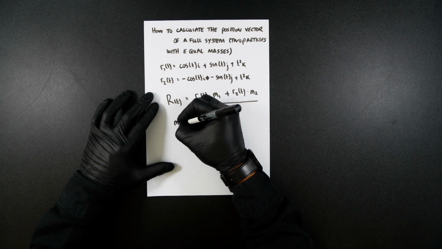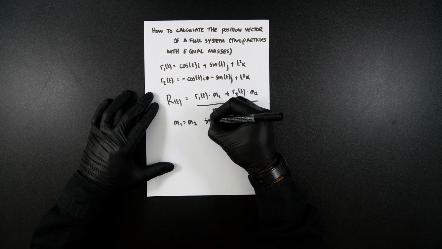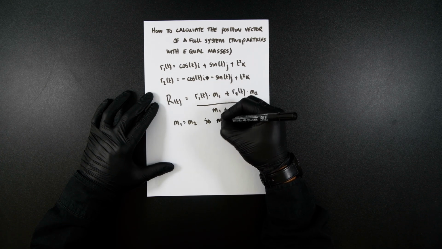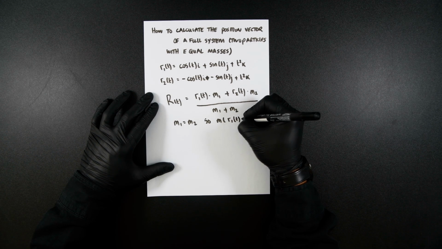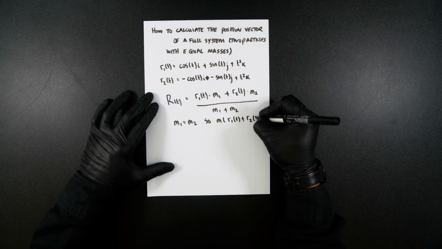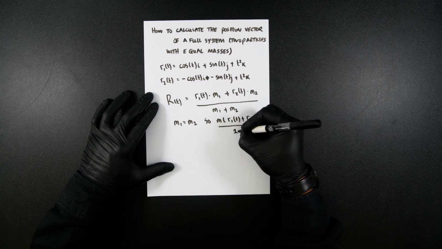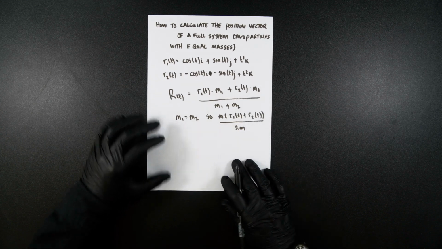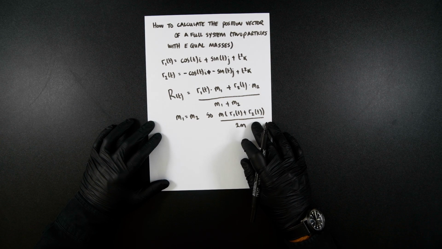We know that m1 equals m2, so we can simplify this to have m(r1(t) plus r2(t)) divided by 2m.